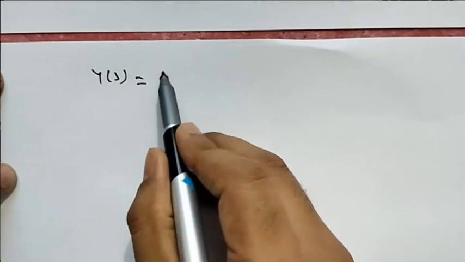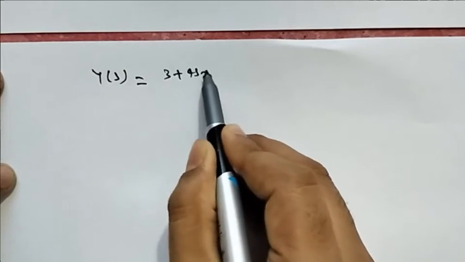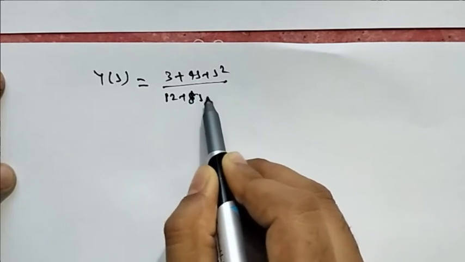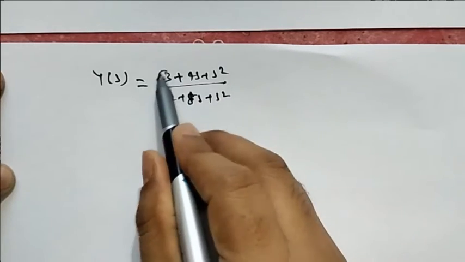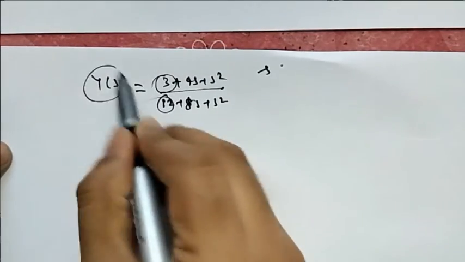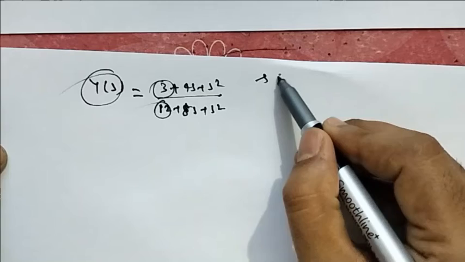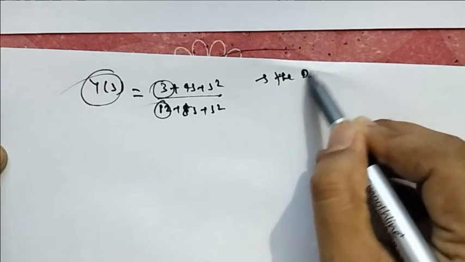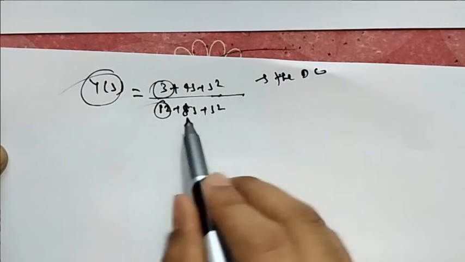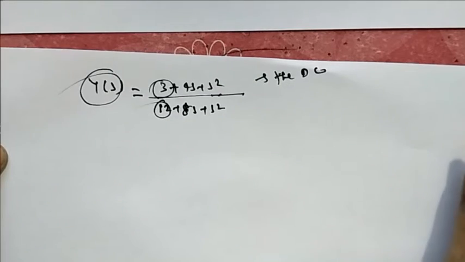If I write y of s, it will be 3 plus 4s plus 4s square plus 12 plus 8s plus s square. Here I have taken it in the lowest power form because we need to remove the DC component, so we have taken the lowest power. This is the logic, we are taking the lowest power.